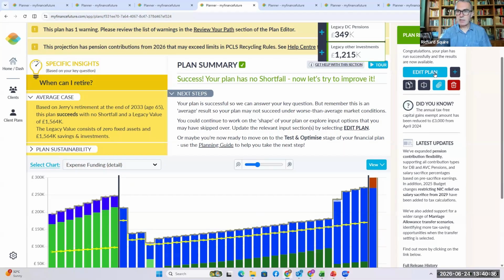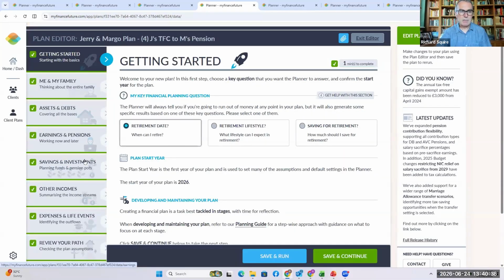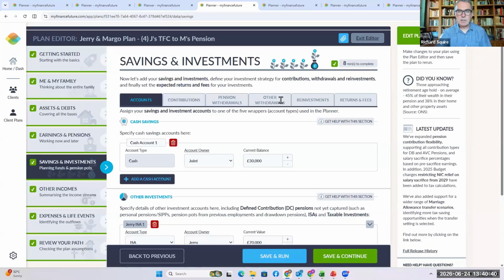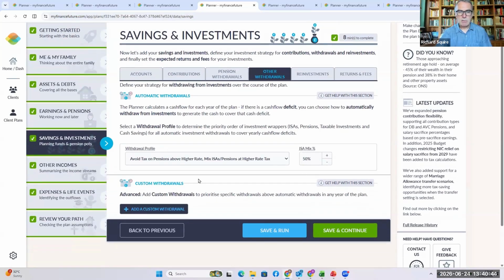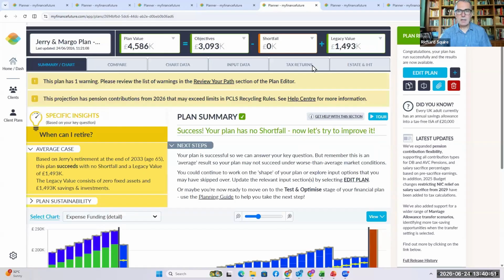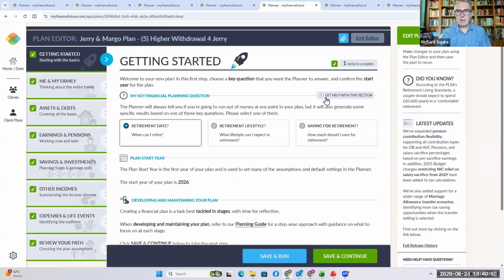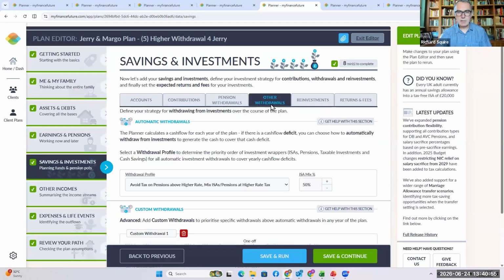So we're going to edit the plan, go to savings and investments, and we'd make this change in other withdrawals. So this is the automated profile we had previously, and here's one I prepared earlier.